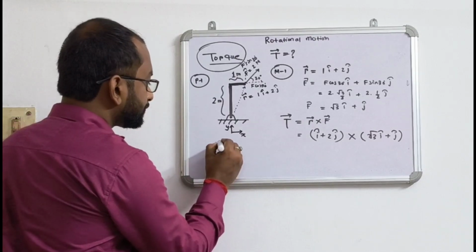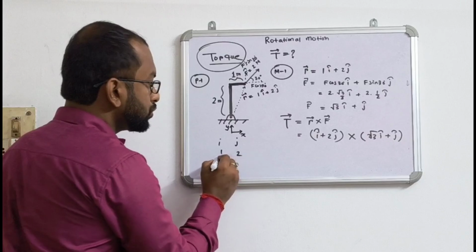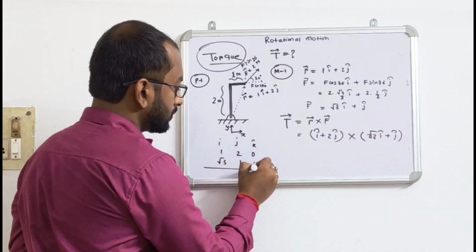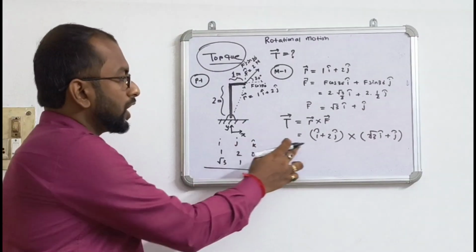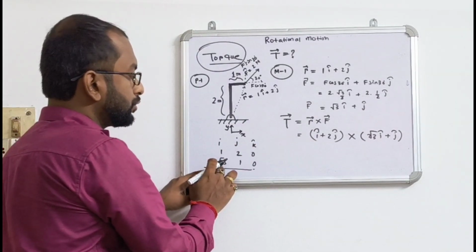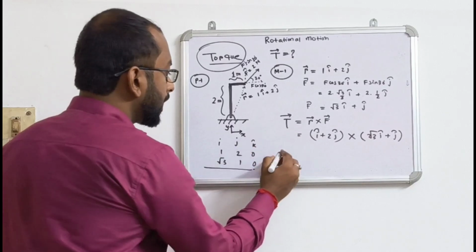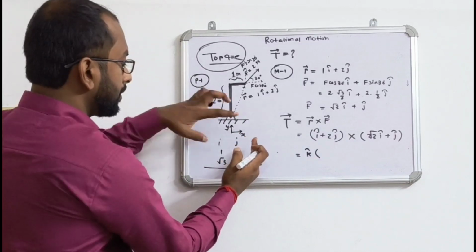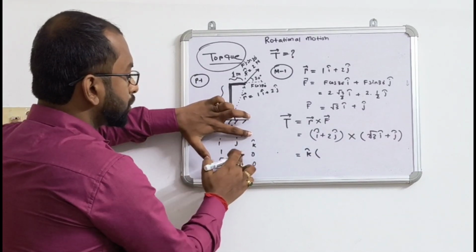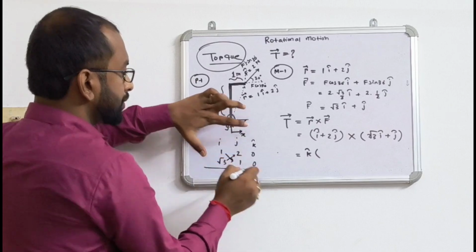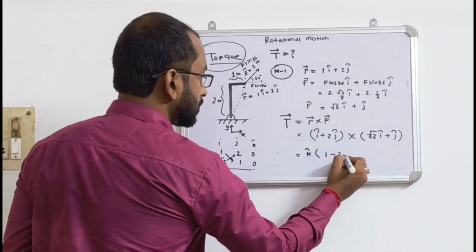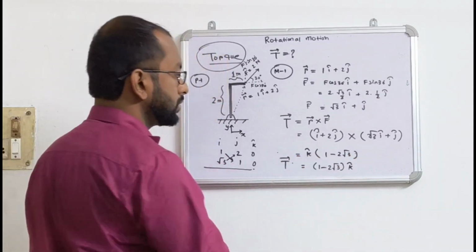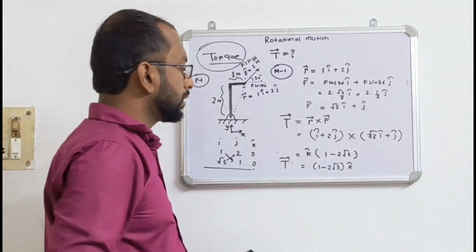Let's do this. i j k, 1 2 0, and F is root 3 1 0. So see, only the k component is there. So we can write k cap into 1 minus 2 root 3. 1 minus 2 root 3 is the amount of the torque. That is the one method I have solved to find out the torque.